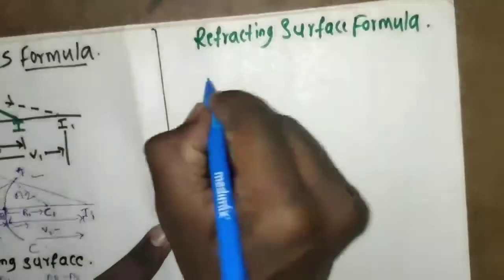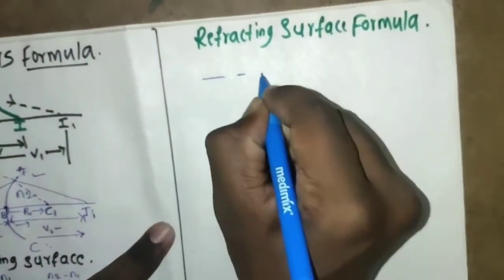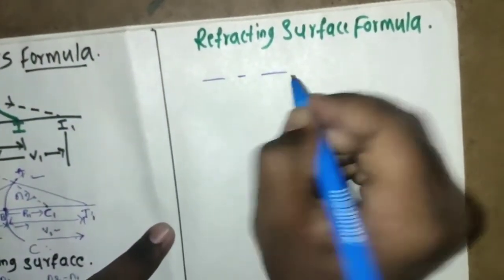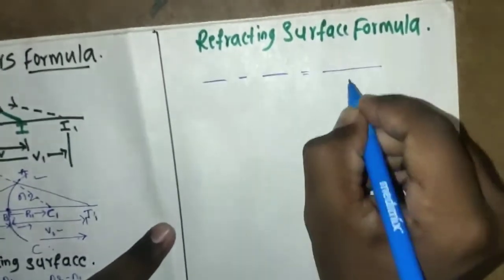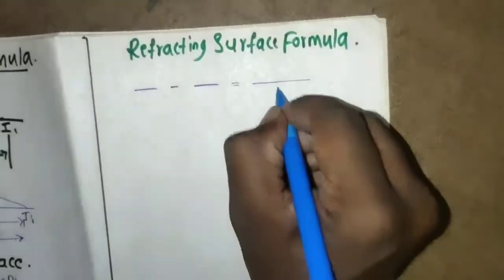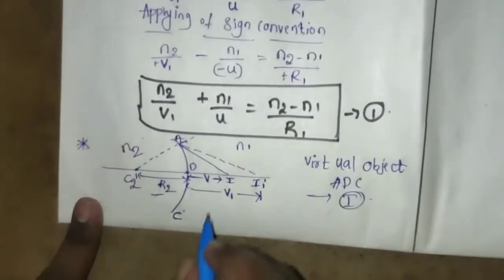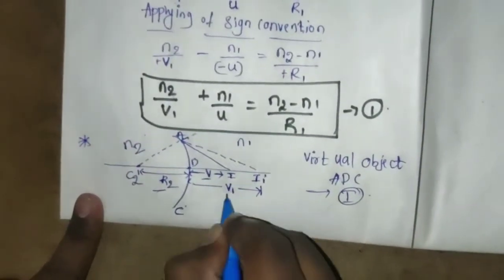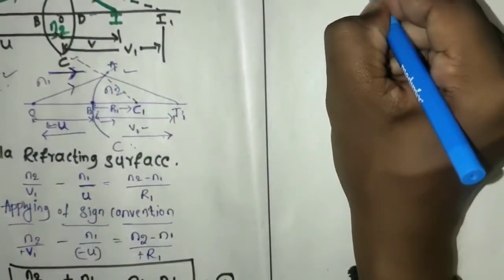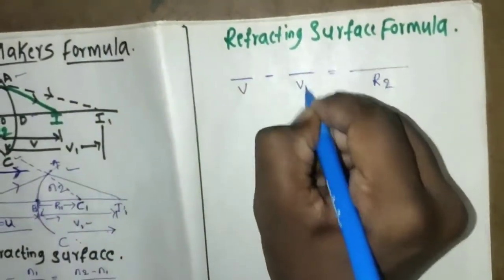Initially I told write first image distance at denominator minus object distance equals to denominator of radius of curvature. See here, the radius of curvature is R2, I will write directly here R2. Now the image is V. Initially I told V1 is a virtual object, so image distance V minus virtual object V1.